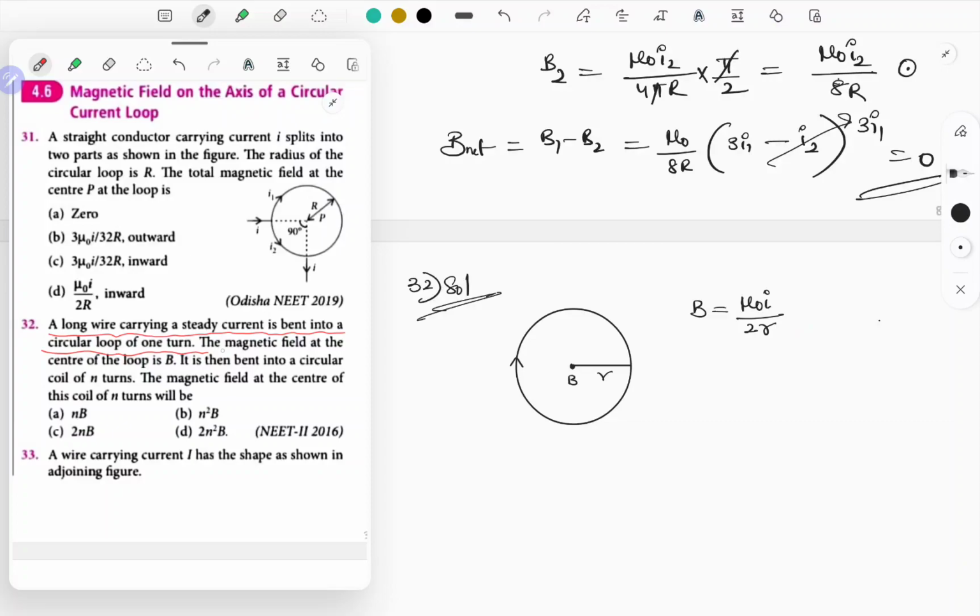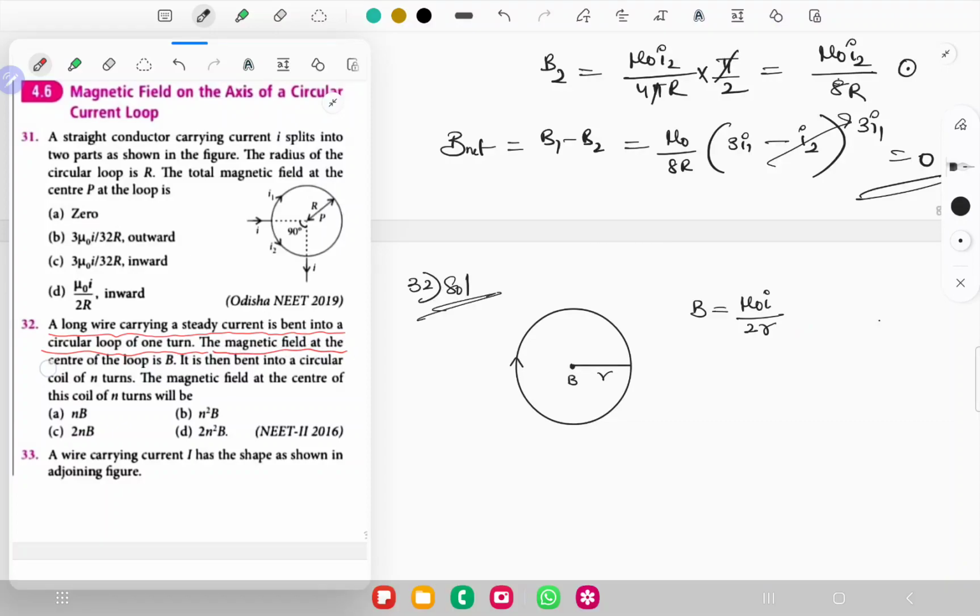Okay, let's continue. Magnetic field at the center of the loop is B. It is then bent into a circular coil of n turns. The magnetic field at the center of this coil of n turns will be, okay.